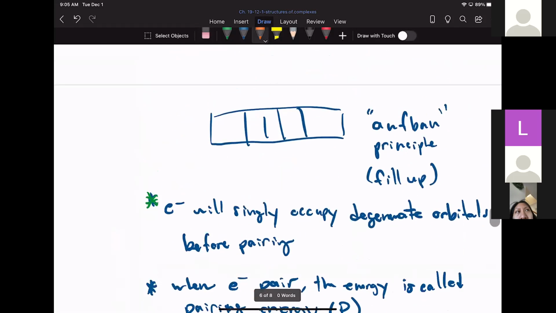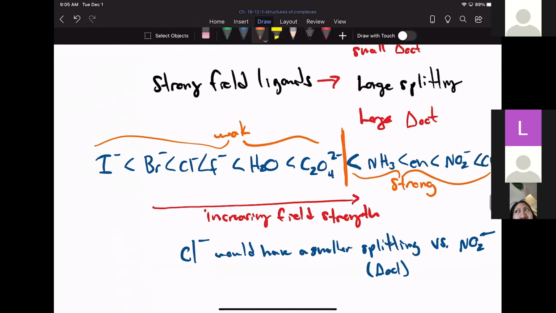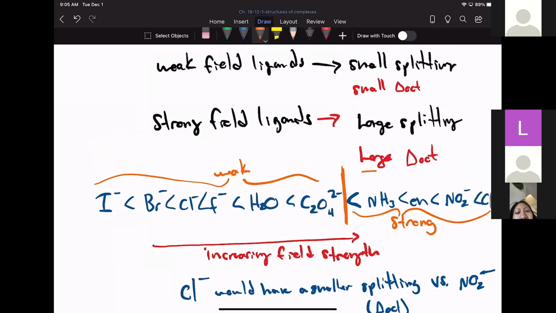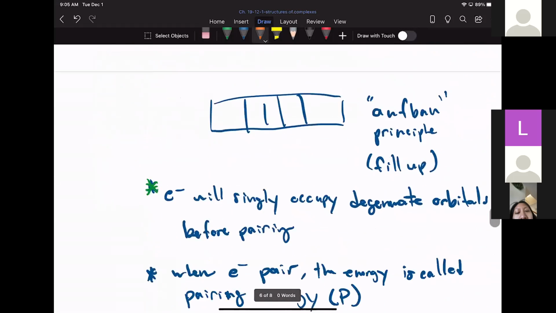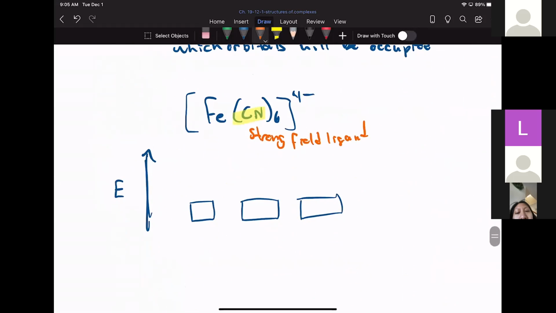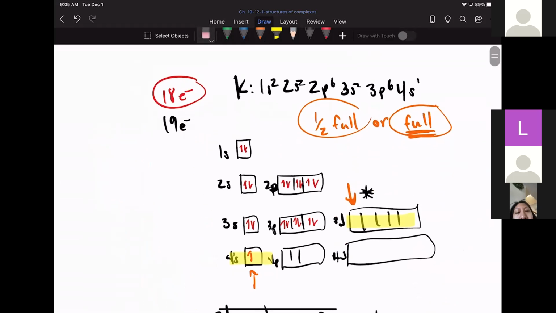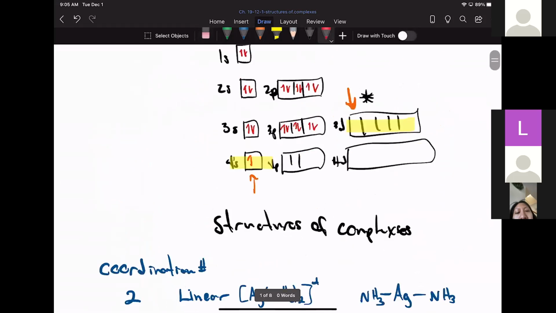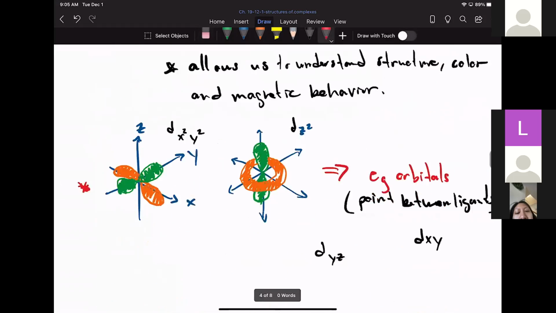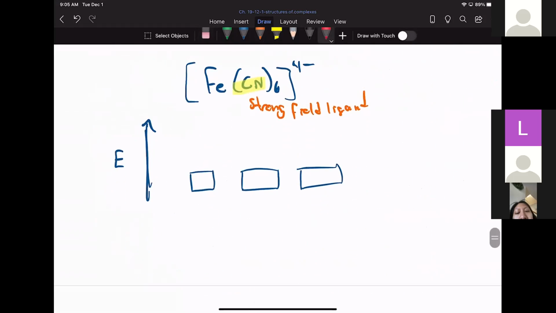How do I know it's strong? Because I go to this list over here and look where cyanide is. It's one of the strong field ligands, which means it's going to have a large splitting. So I have to put some distance between the t2g and the eg. Let me really give it some distance here so we can really tell.